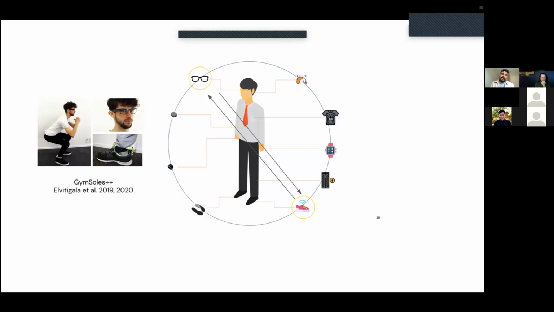So we gave the starting point for this idea in GymSoles++. We connected GymSoles with the mobile and the Google Glass, and then explored how we can use this combined system to improve our posture when we perform squats and deadlifts.